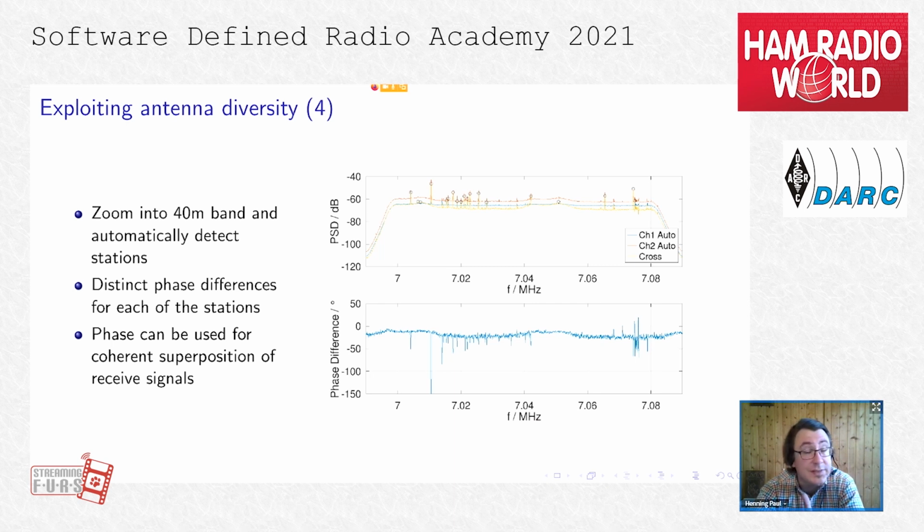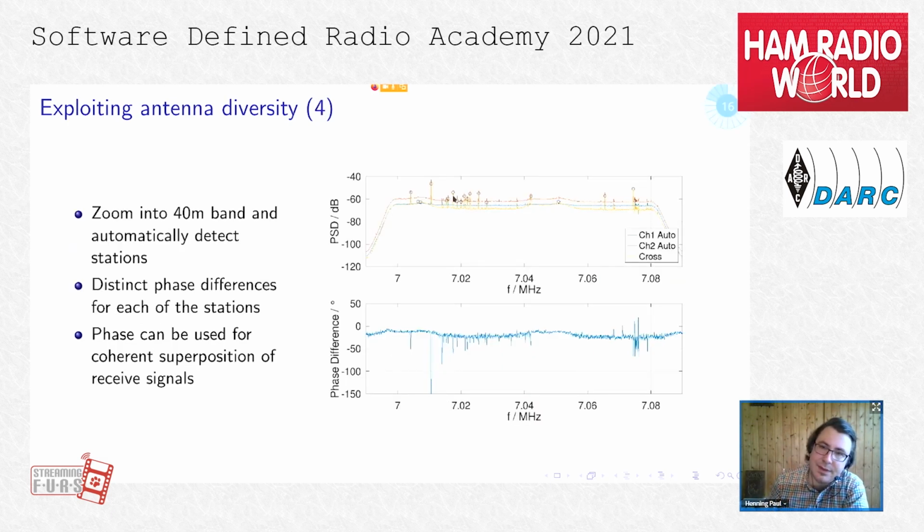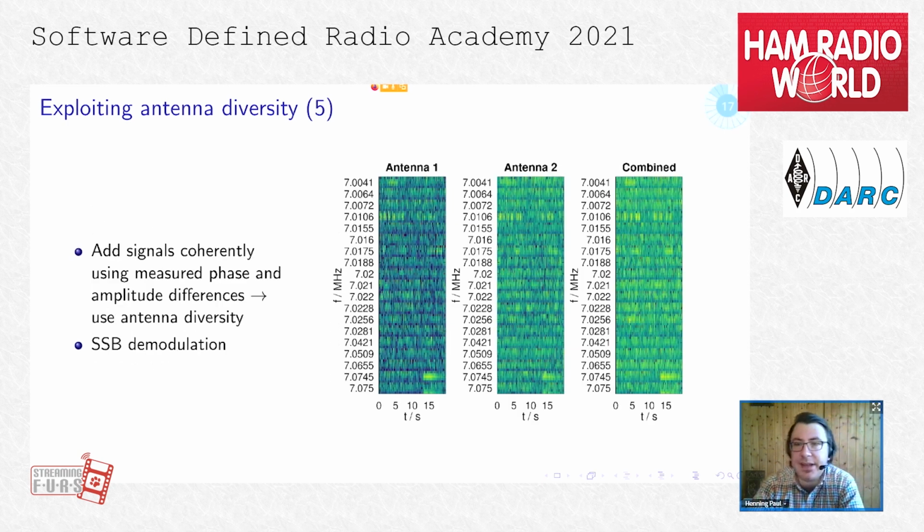But what you can do nevertheless with very low effort is now use this phase difference for superposition of the signals. And if you do that, you get the following spectrograms. What you see here are now the spectrograms of every station that has been detected in the spectrum. For every circular marker here, we see the corresponding spectrogram over time.